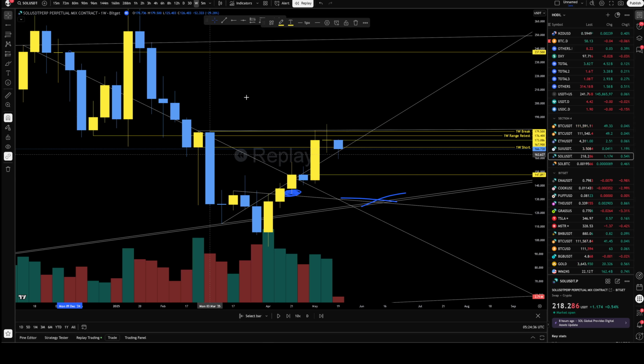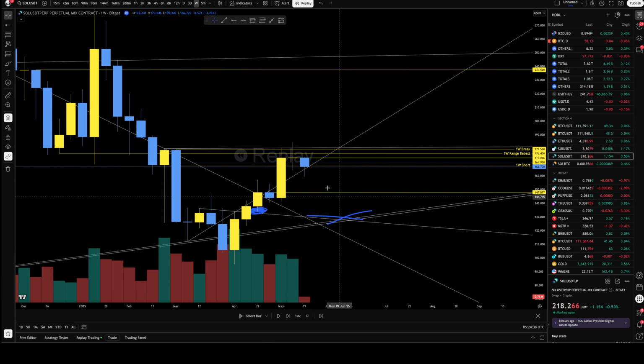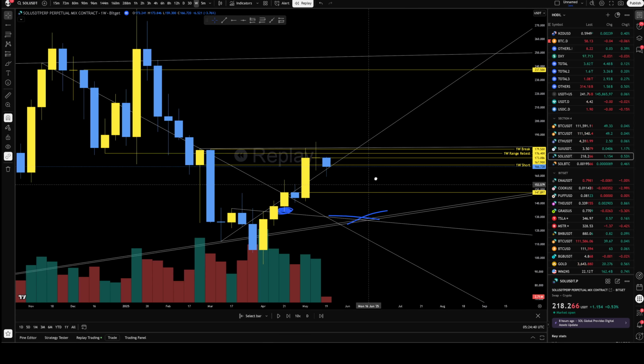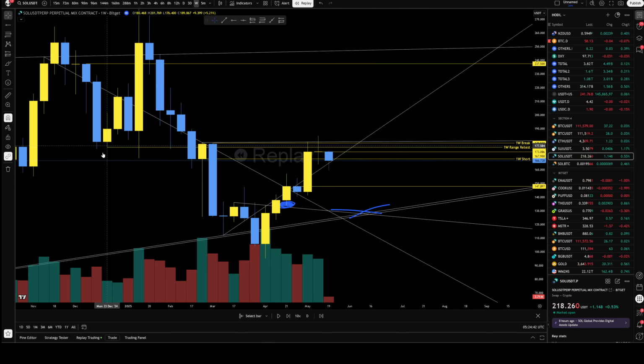Okay, so yeah, that's how you manage a trade, and you average in at the right points based on structure. And anything between those points, there's no point adding.